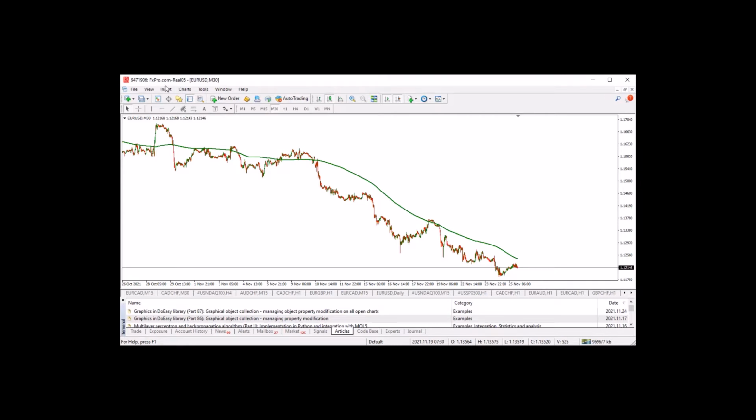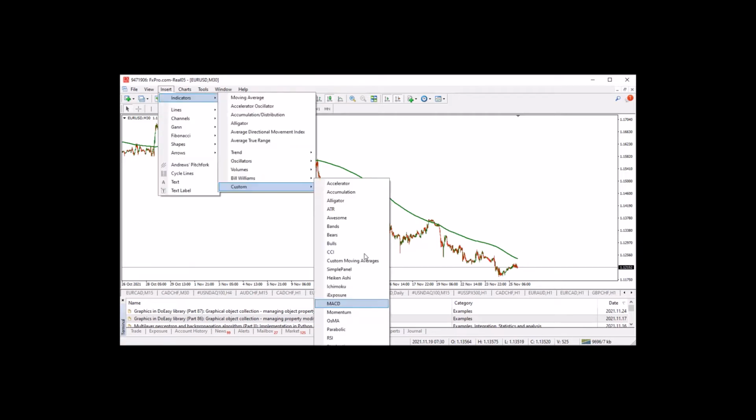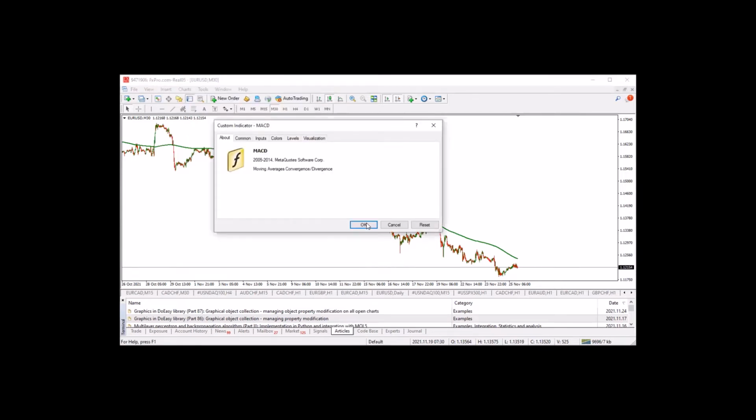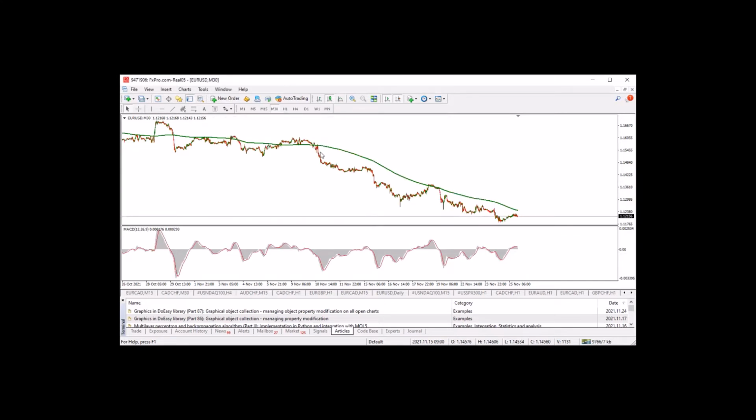Now the entries. If you go to a MACD, I'm going to open my MACD, and leave it as default. So what do you want to do, guys? We're only going to focus on when the price hits this part, and there's a MACD which is higher.